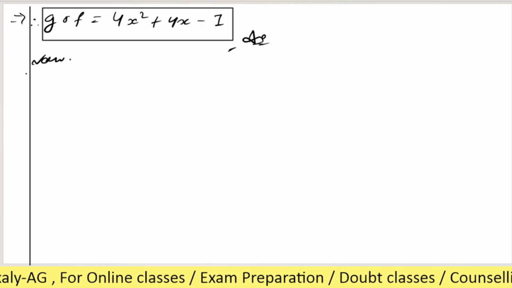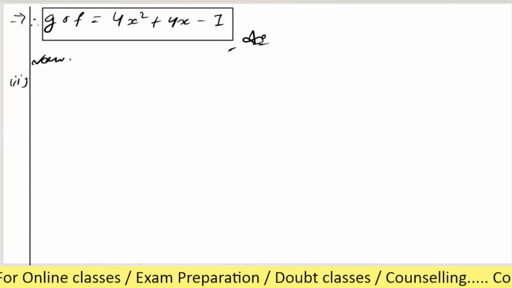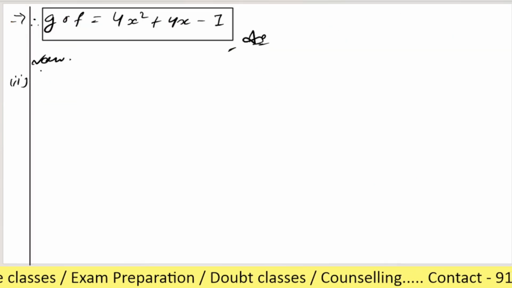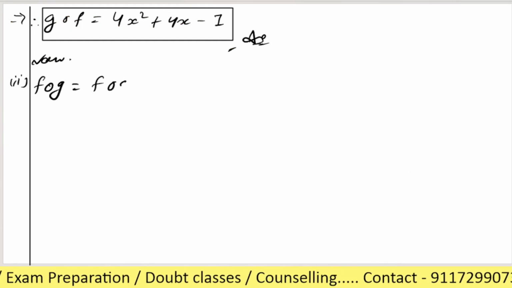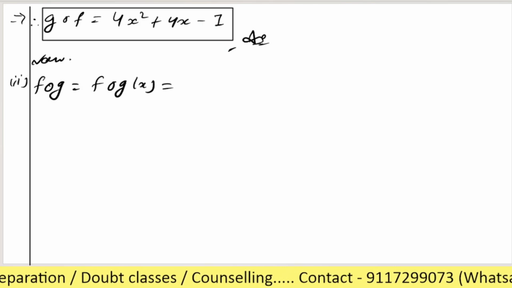Now for the second one, in which we have to find fog, it will be f of gx, function of gx.